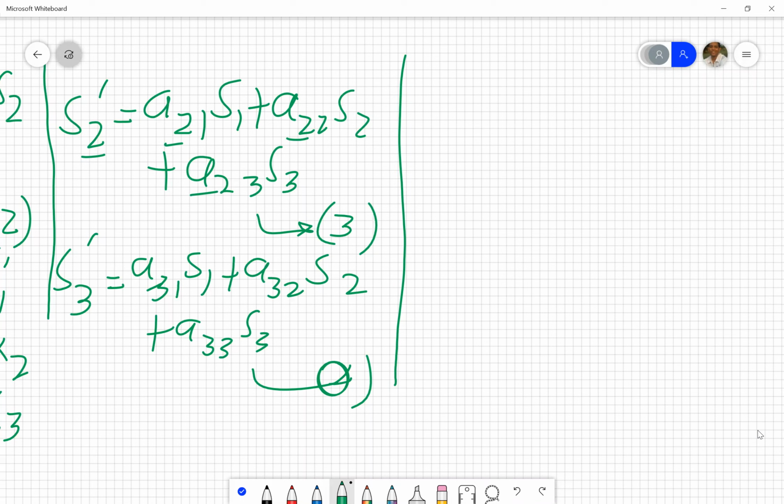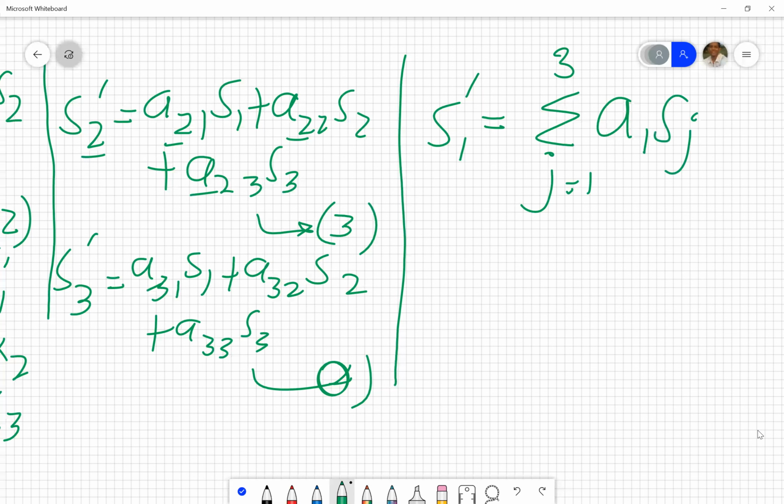So if you try to write this in this format first, s1 dash is equal to the summation over j equal to 1 to 3 of a1j sj.